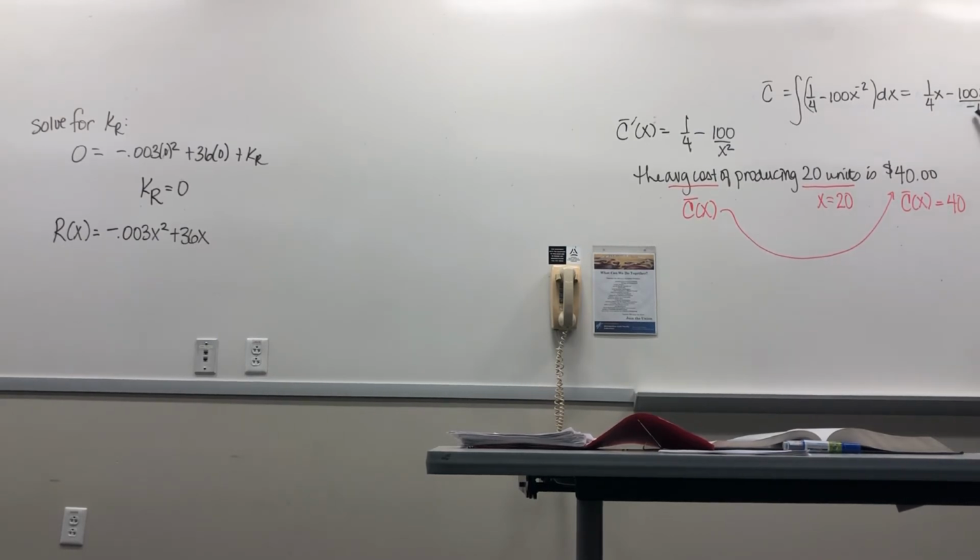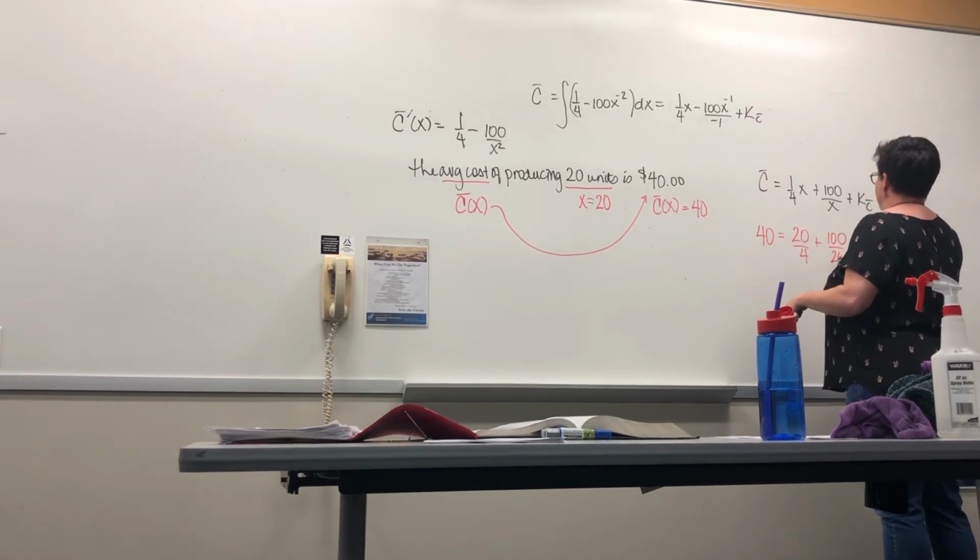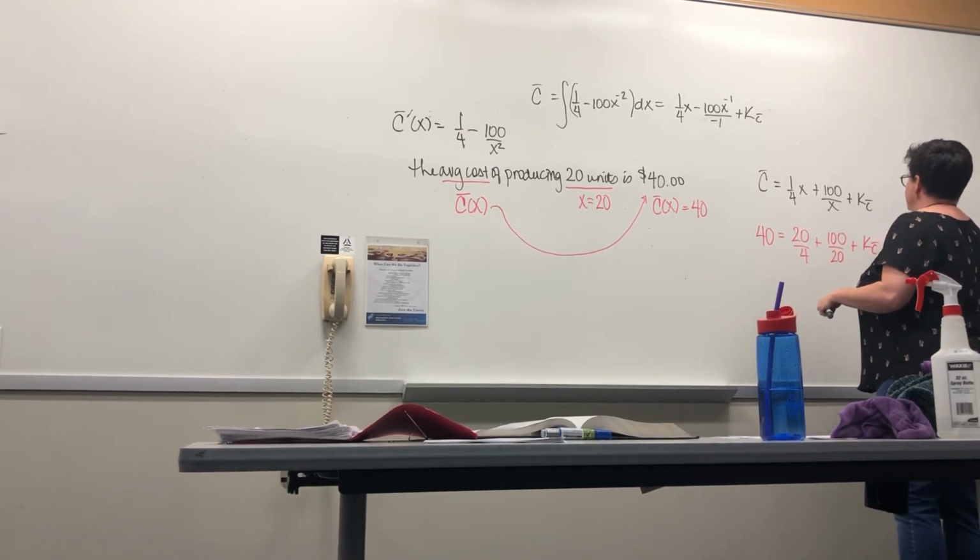So all I did was resolve that negative into a positive, and I dropped my X downtown and changed the sign. So now I'm gonna set X equal to 20 and C bar equal to 40. Here we go. 40 equals 20 over 4 plus 100 over 20 plus K sub C bar.